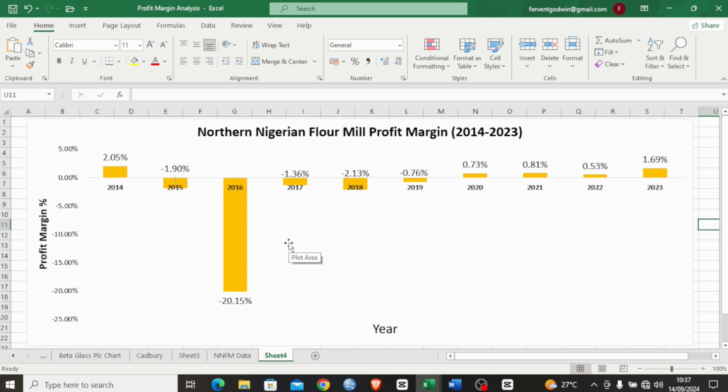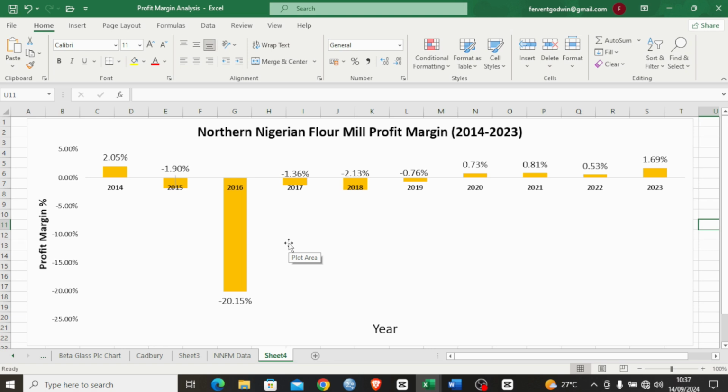And then it continued, though it was a reduced loss in 2017, and this is saying that for every 1 naira they lost 1.36 kobo, and it continued until 2020. They regained, not really regained, but at least they moved from the loss era, where for every 1 naira they made in revenue, they kept 0.73 kobo as profit.